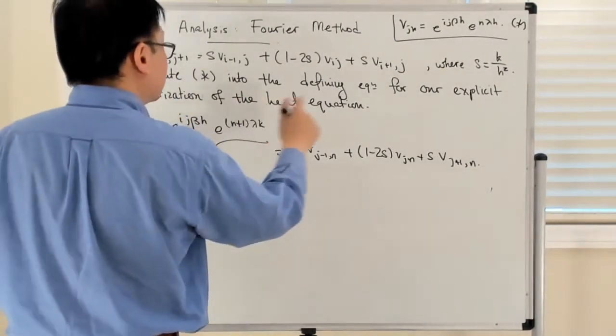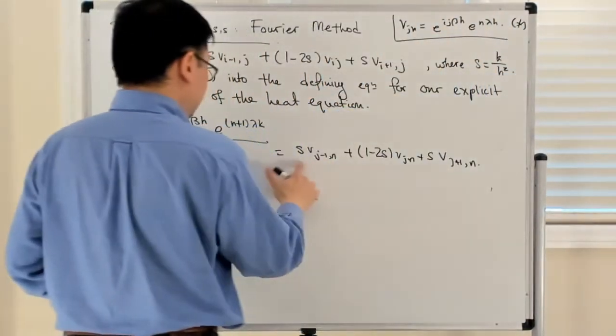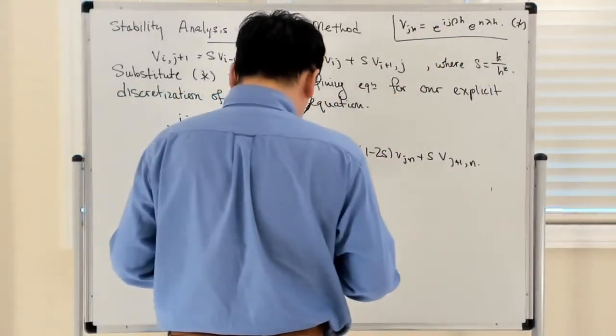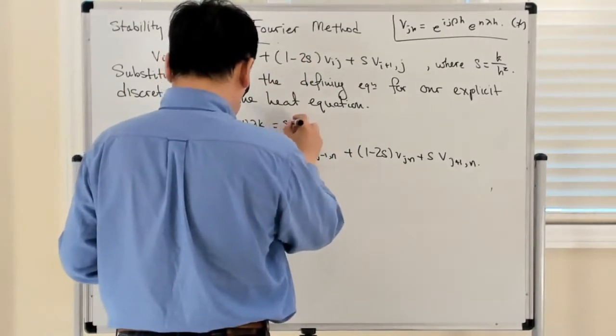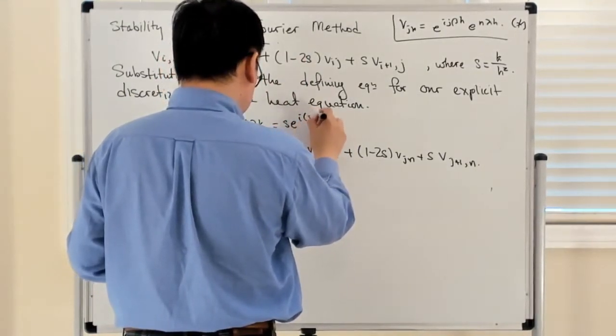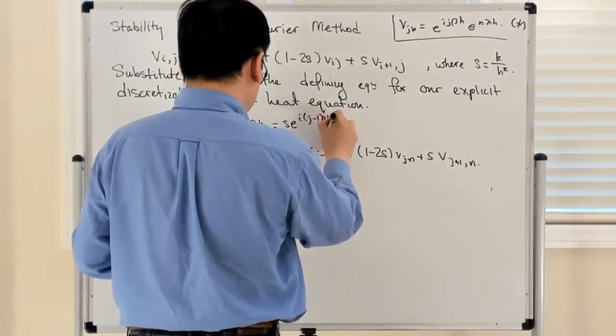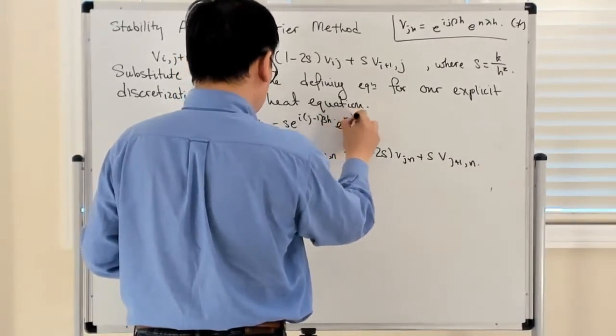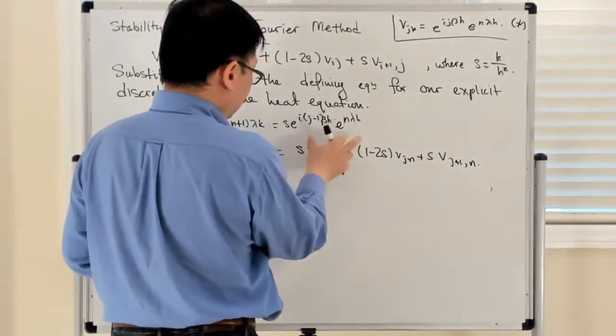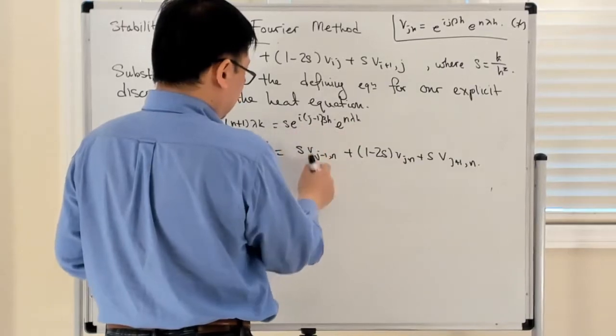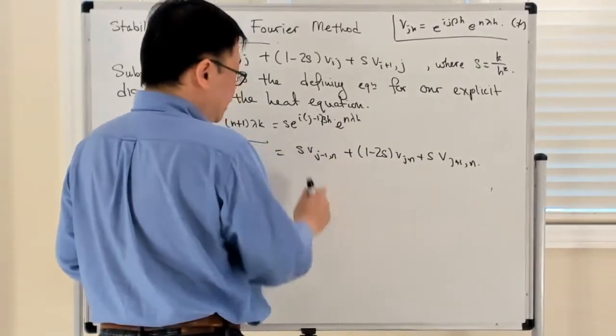Now I want to substitute this into these terms here. So this is going to be s e^(iβ(j-1)h) e^(λnk). It should again be clear that this term is just v_(j-1)^n.